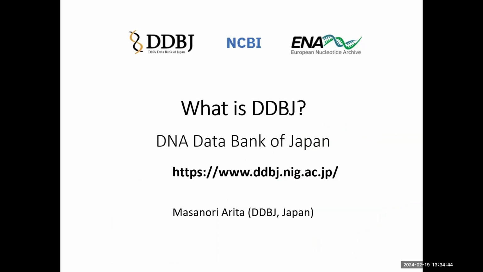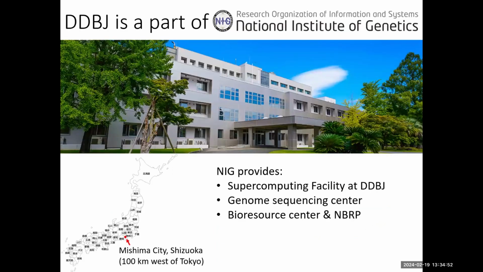Well, for the last part, I will briefly describe our institution, the National Institute of Genetics, to which DDBJ belongs. The National Institute of Genetics is located in Mishima City, Shizuoka, and Mishima City is 100 kilometers west of Tokyo. At NIG, we have about 30 research laboratories, and DDBJ is part of them.